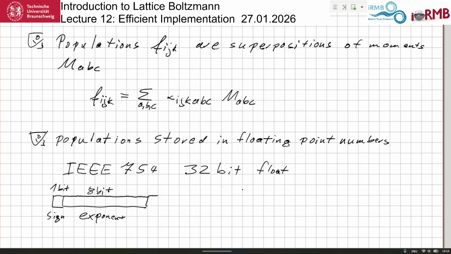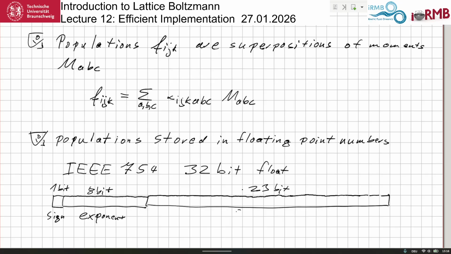And then there are 23 bits for the fraction, or mantissa, yeah? I guess you all learned this somewhere else. So this is where we place our numbers.